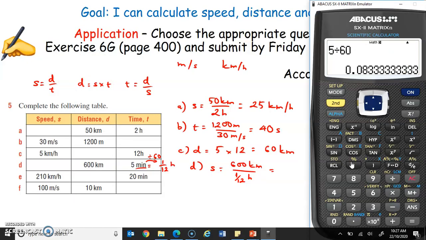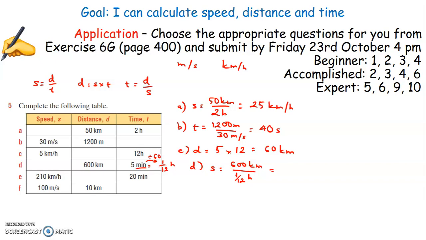To use my calculator here, we've got 600 over, I'm going to use my fraction button again, 1/12, and this calculates out to be 7,200 kilometers per hour.